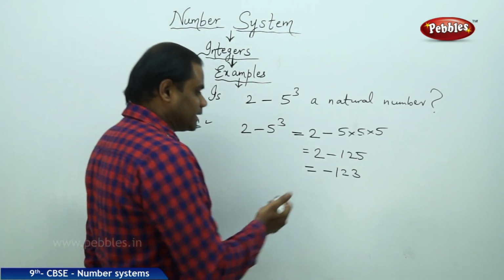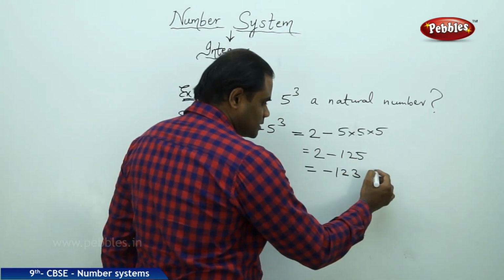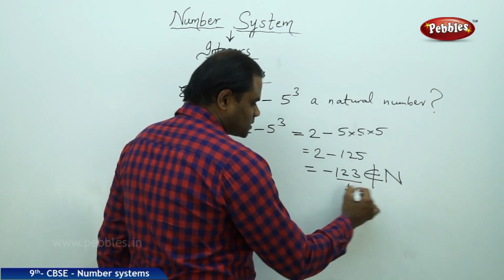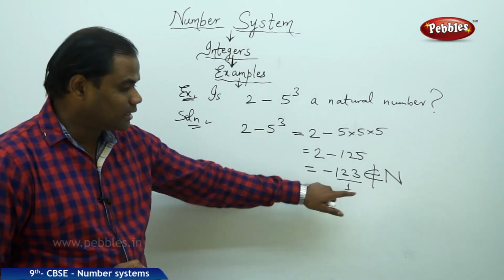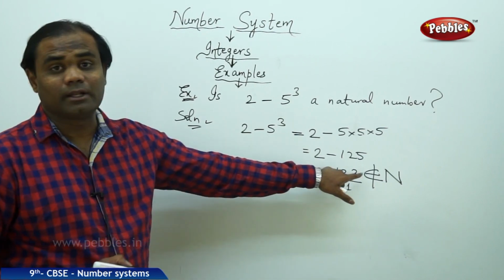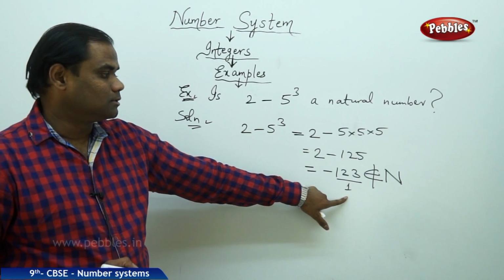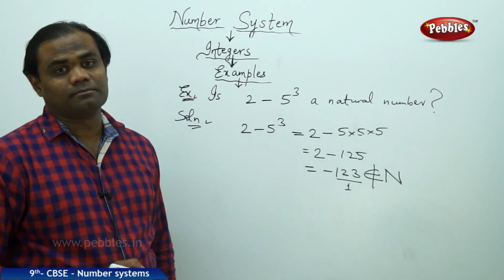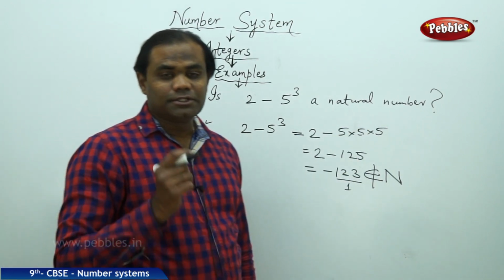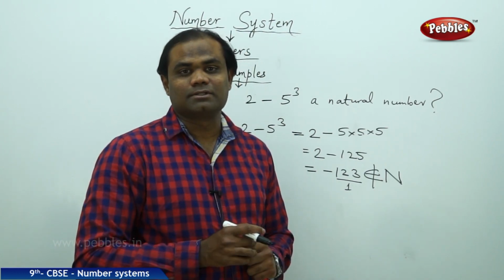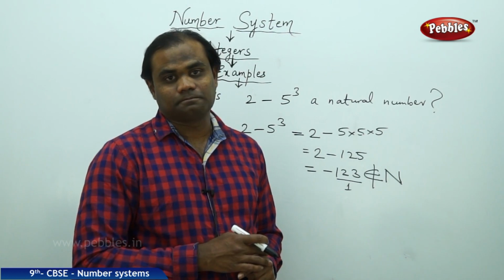Now with this, I clearly understand that this is not a natural number, though it can be expressed with the denominator as 1, as a non-decimal number. But this is an integer, because an integer has the negative numbers and the positive natural numbers, including the neutral 0.